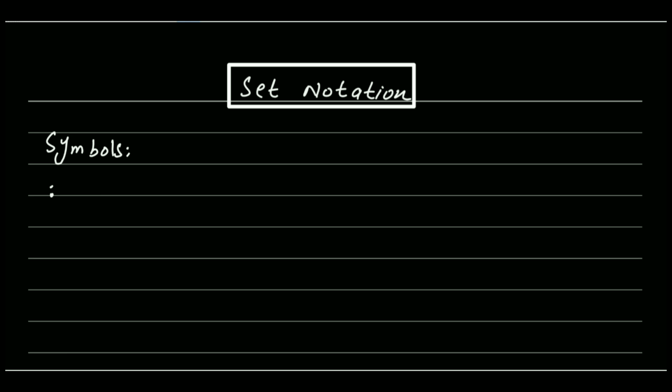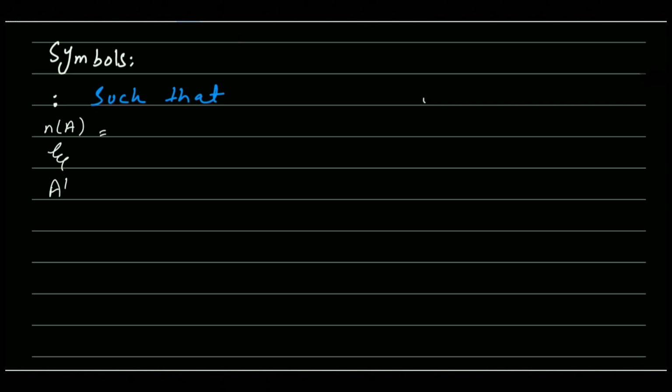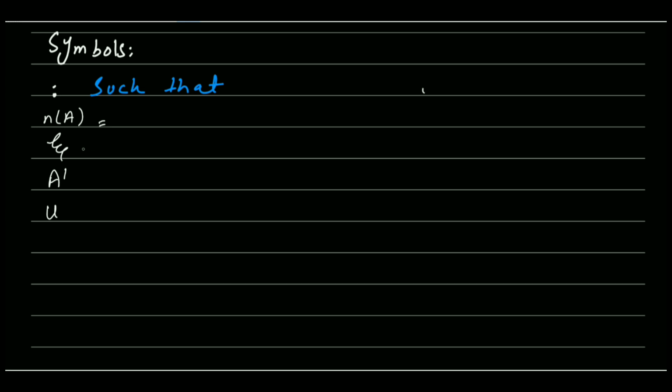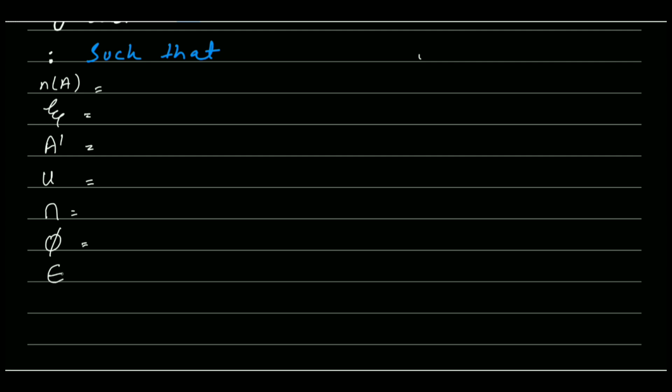This symbol means such that. n of A is used for number of elements in set A. This symbol is used for universal set, A complement, union, intersection, empty set, belongs to, subset, not a subset.